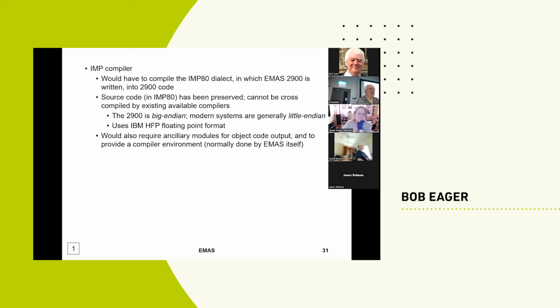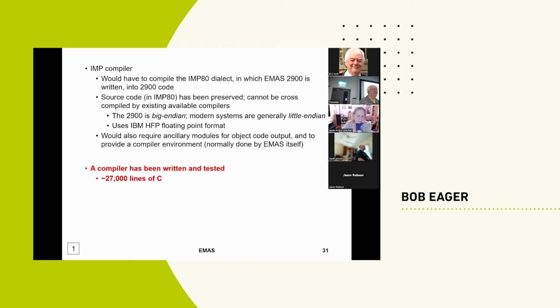If you know what that means, it means the bytes are numbered from the other end of the word to the modern normal convention. It also uses a weird floating point format, which is called the hexadecimal floating point. It's weird. And you'd also need other modules for getting the output. The compiler that I have the source of doesn't have the module to object code output to provide the environment for the compiler to run in, which is normally the subsystem. So it's a big job to try and get that running.